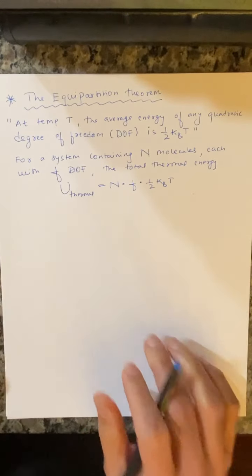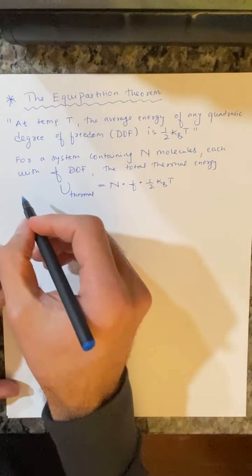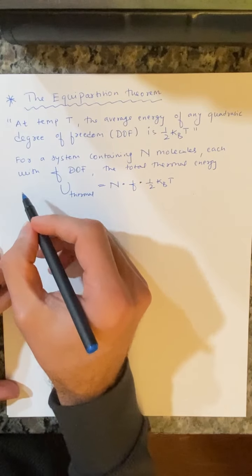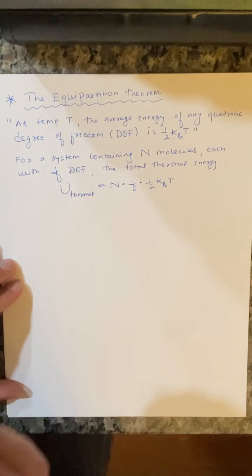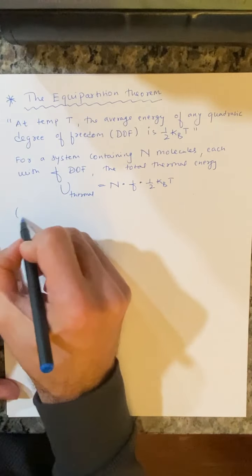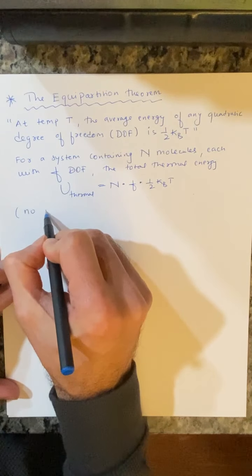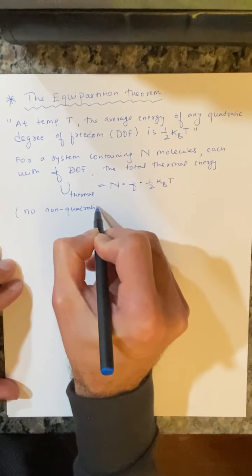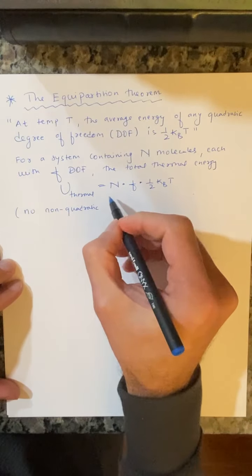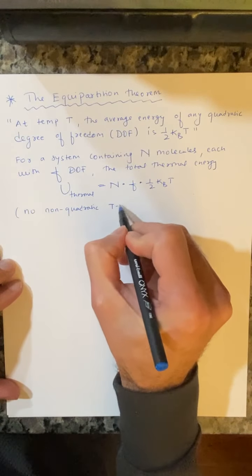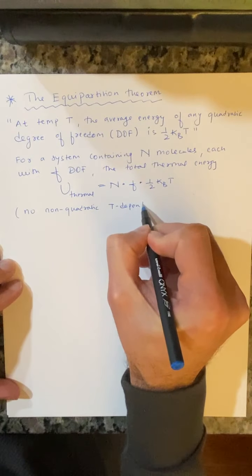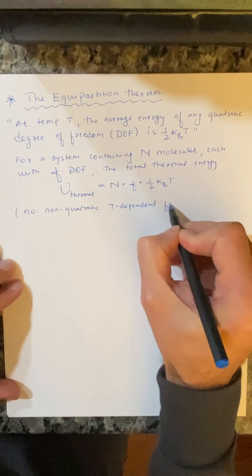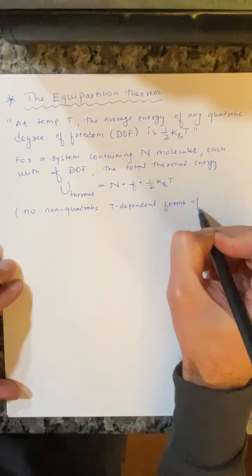This is what we know from the past, right? Don't forget, you're talking strictly about quadratic degrees of freedom. So we should make sure we are not including any non-quadratic temperature dependent forms of energy.